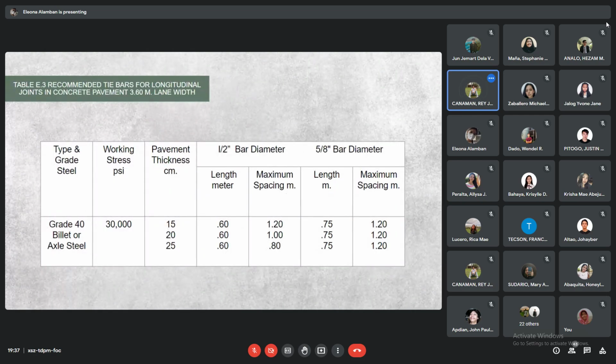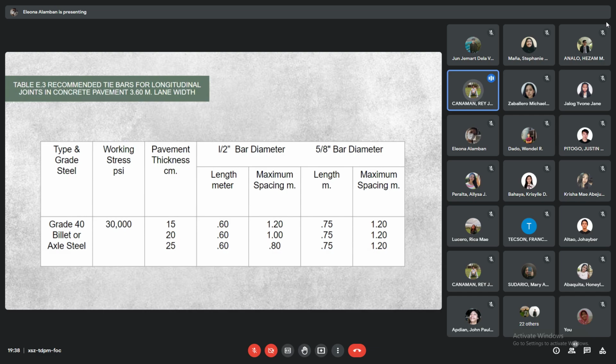So sa diri nga table, which is the recommended tie bars for longitudinal joints in concrete pavement, which is the 3.60 meter lane width. So there are type and grade of the steel, the working stress PSI, the pavement thickness, and naa pod duha ka class sa bar, which is the 1/2 bar diameter and the 5/8 bar diameter.